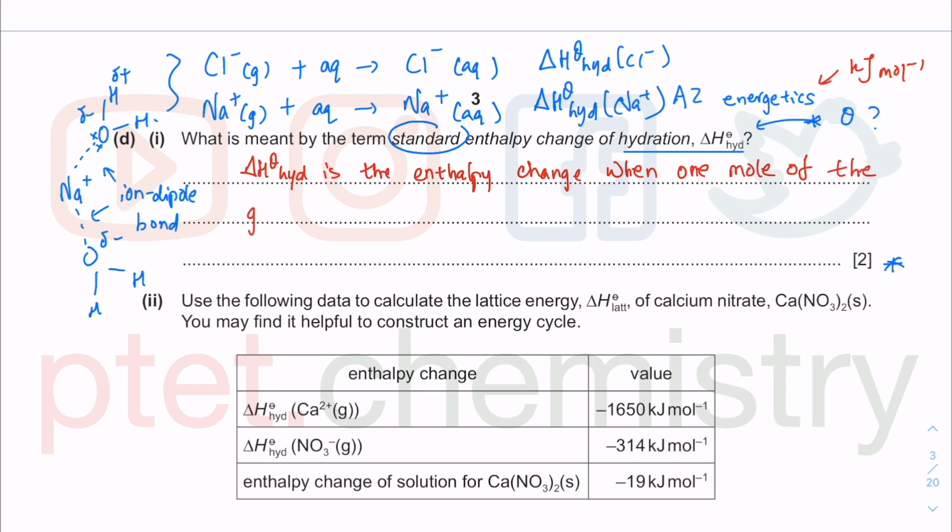I don't say cations, I don't say anions, because it applies for both cations and anions. Dissolve in a large amount of water, or a huge excess of water. And this is really to give an infinitely dilute solution if you want to.